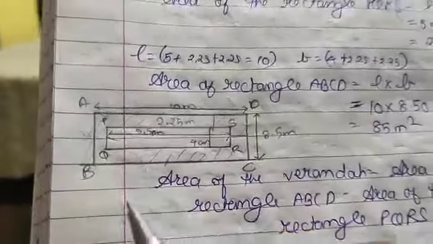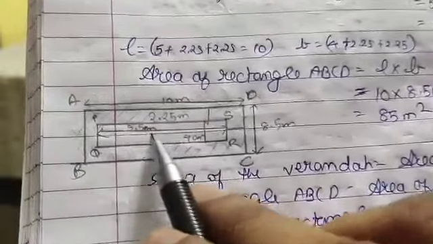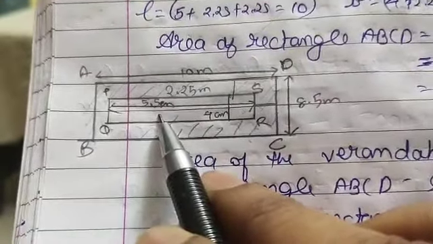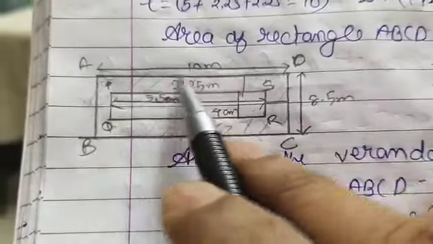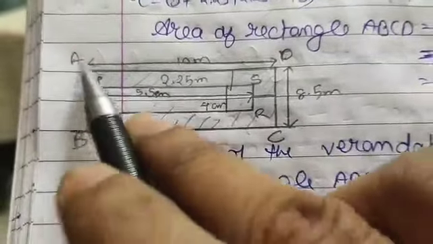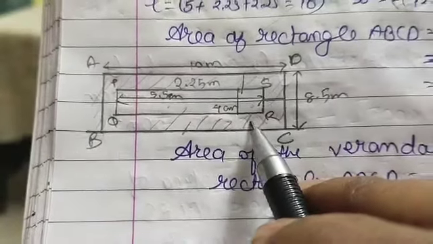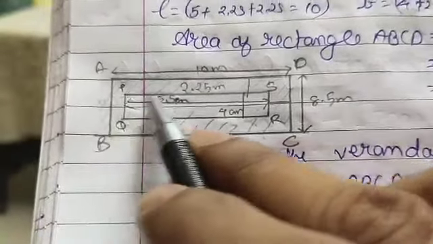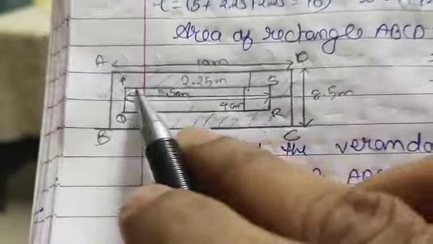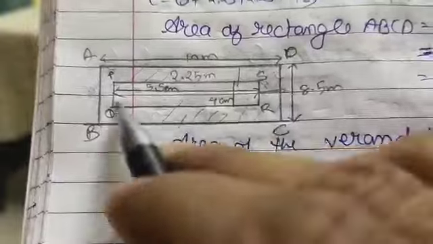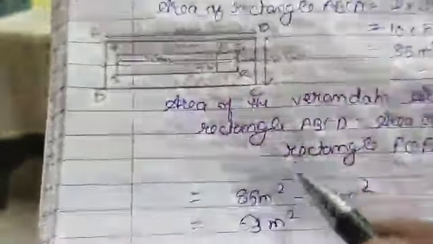So how to find the length? If the length of the room is 5.5, what will be the length of the total area including the veranda? Here the length is 5.5, and in that I will add 2.25 from here and 2.25 from here.